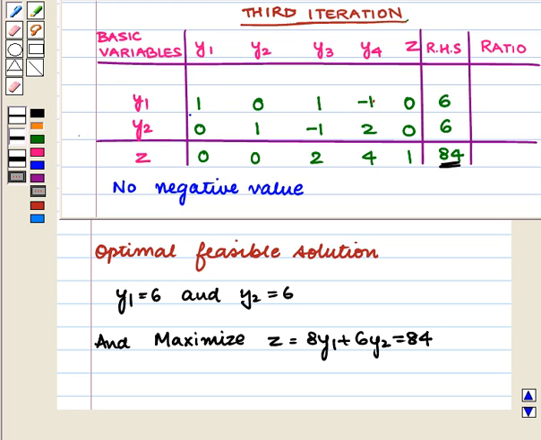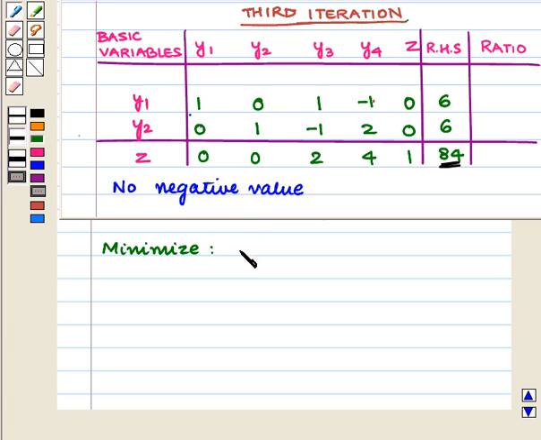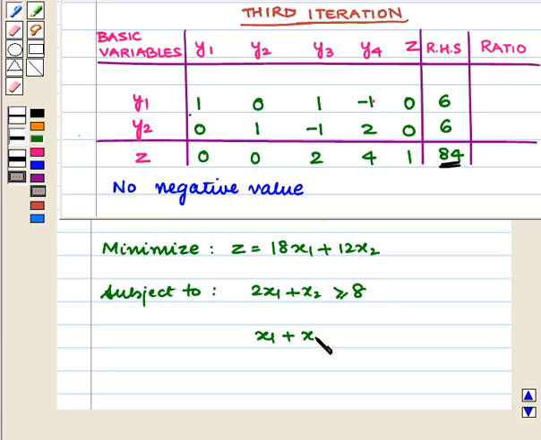But we have to find the solution of the minimization problem. Minimize z equal to 18x1 plus 12x2 subject to 2x1 plus x2 is greater than or equal to 8, x1 plus x2 is greater than or equal to 6, x1 is greater than or equal to 0 and x2 is greater than or equal to 0.